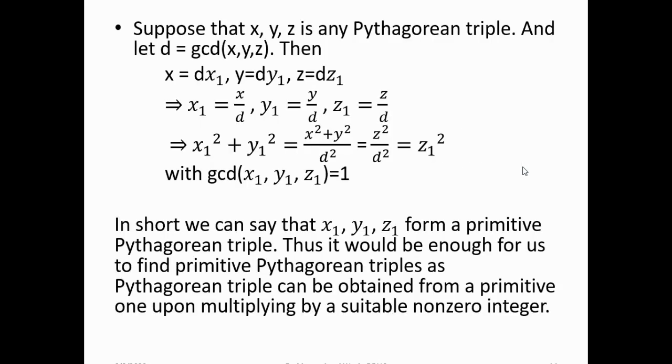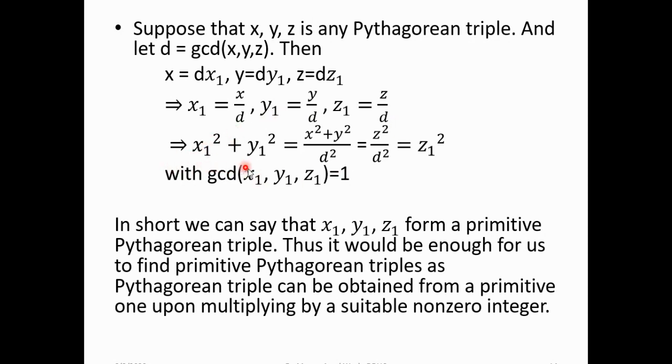Suppose that x, y, z is any Pythagorean triple, and let d be the GCD of these three integers. Then we can write x as dx1, y as dy1, and z as dz1 for some x1, y1, z1. So from here we can write x1 as x upon d, y1 as y upon d, and z1 as z upon d. So what does this imply?